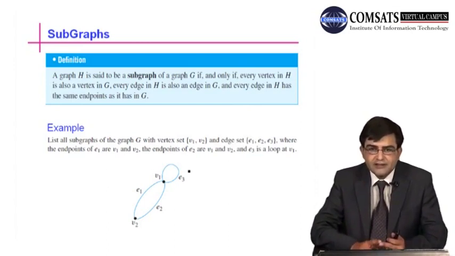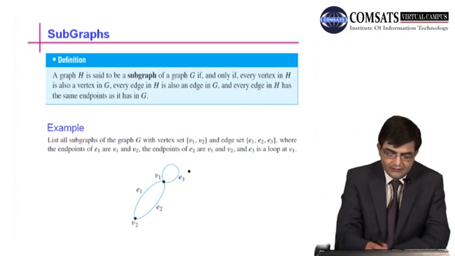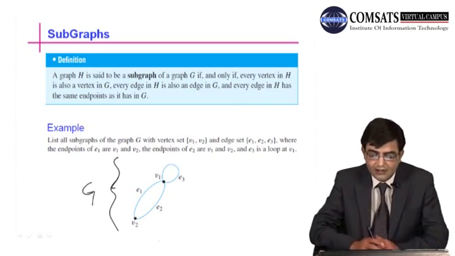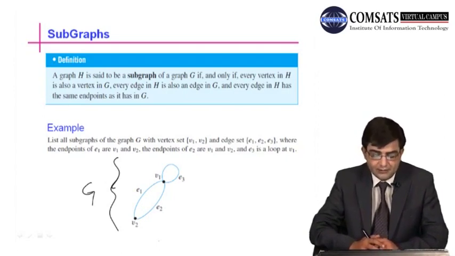So this is basically the definition of subgraph. Every vertex of H must be a vertex of G. Every edge of H must be an edge in G also. And one more property which we have to investigate in subgraphs is that the endpoints of each edge must be the same as the endpoints of that edge in the graph G. For example, if we see this graph G, we have to draw all possible subgraphs of it.